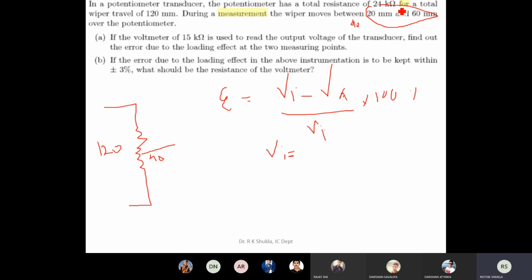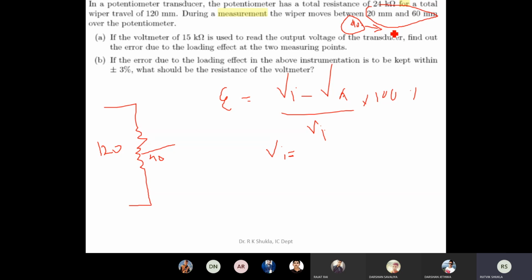Now whether it is from 20 to 60 or from 60 to 100 or from 40 to 80 or from 80 to 120, whichever it is, for every 40 mm travel you will get the same change in resistance. That is what you have to remember. It is not that 20 to 60 is 40 mm and gives some resistance, while 60 to 100 gives a different resistance even though the travel is 40 mm.